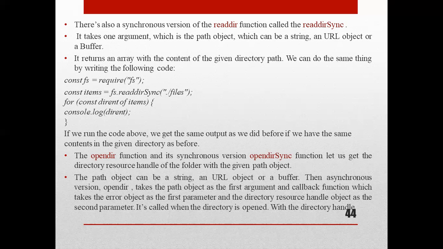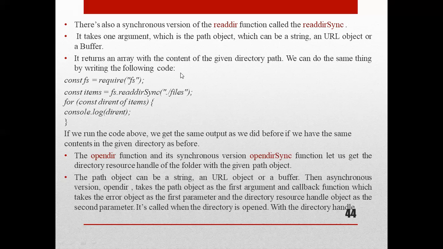It takes only one argument, which is a path object, which can be a string, URL object, or a buffer. It returns an array with the content of the given directory path.